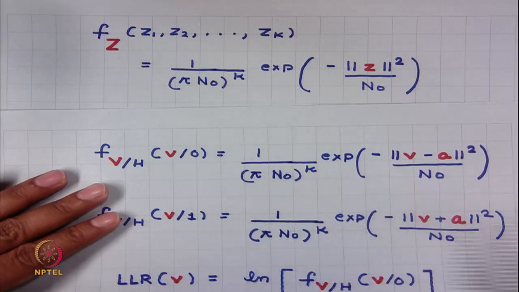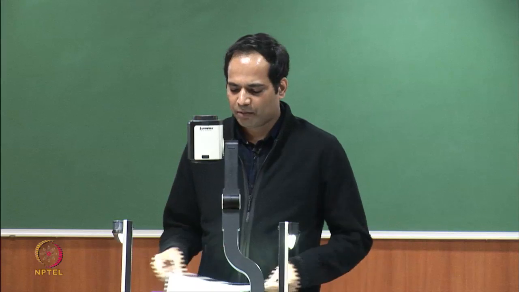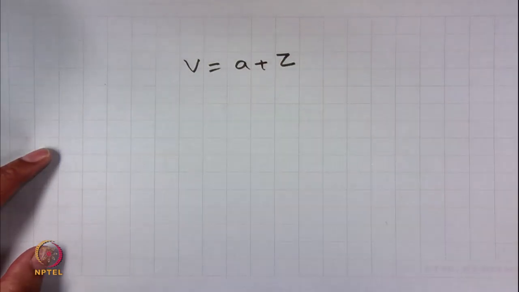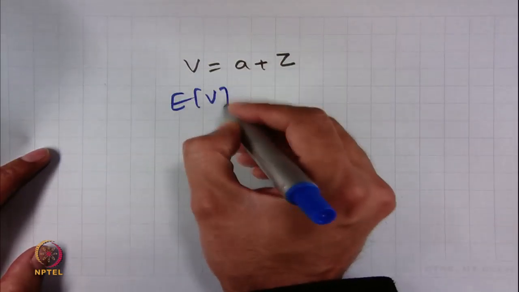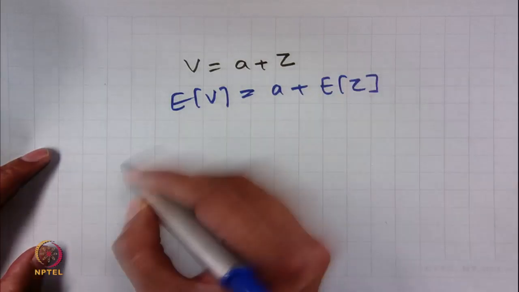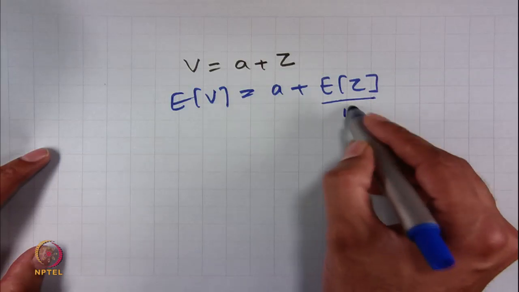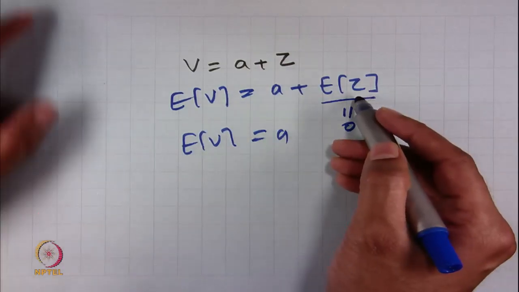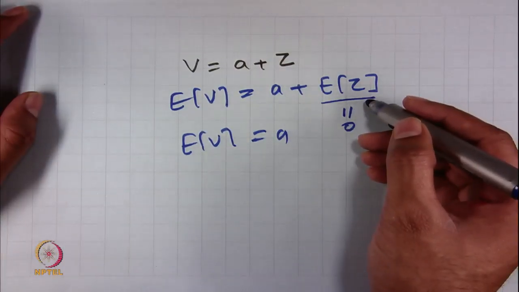We have seen that when you transmitted a hypothesis as 0, we were transmitting a numerical value A corresponding to that hypothesis, and what happened was the mean of the Gaussian random variable shifted at around A. If V is A plus Z, the mean of V will be simply A plus mean of Z, and if mean of Z is 0, the mean of V is simply A, and mean of the random variables arising because of the noise is always 0.